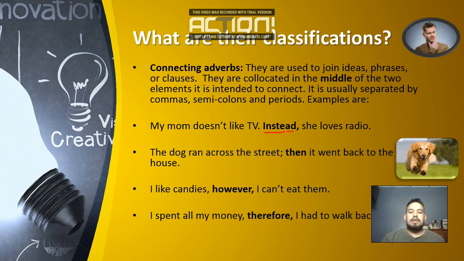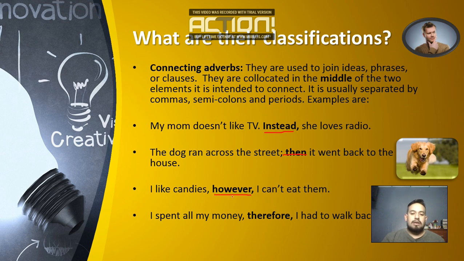Here instead is working as a connection between the sentence my mom doesn't like TV and the other sentence she loves radio. The dog ran across the street, semicolon, then it went back to the house. Again, here we have the connecting adverb, and it's making a relation of time between the dog ran across the street and it went back to the house. I like candies, comma.